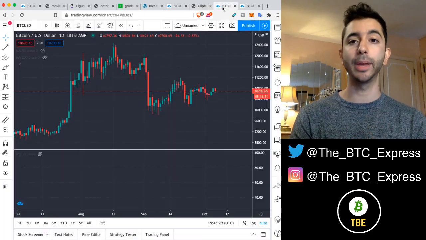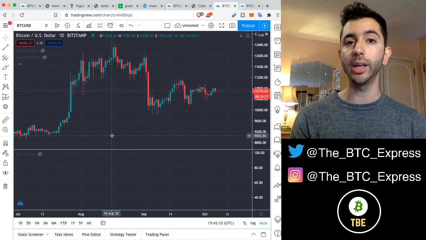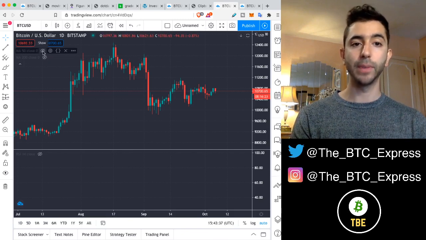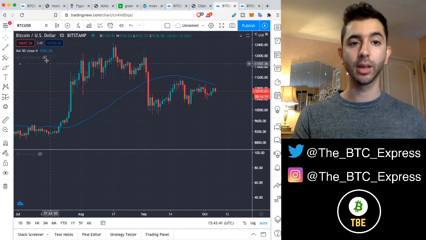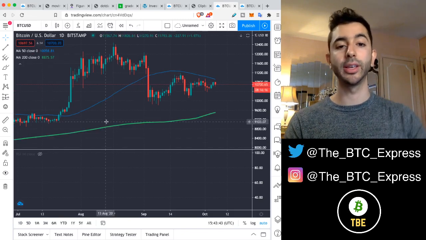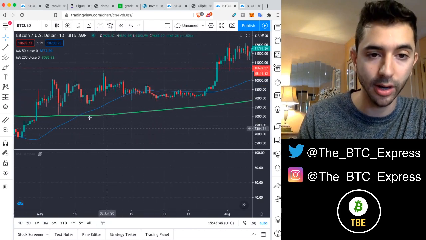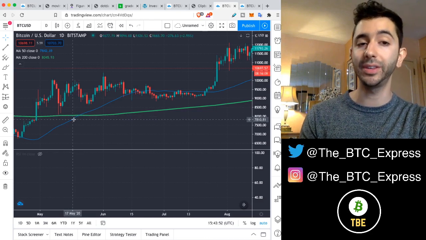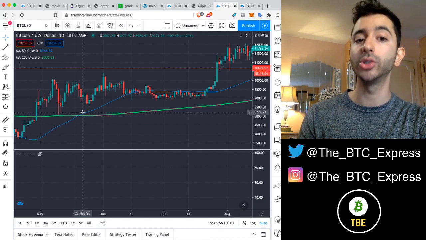So a golden cross is a buying opportunity, and a death cross is a selling opportunity. So let's take a look at Bitcoin. Typically, when they look for these crosses, they'll use a 50-day moving average versus a 200-day moving average. So with Bitcoin, we see the 50-day moving average right here in blue, and then the 200-day moving average right here in green. So as we scroll through its history, we can see over here on about May 20th, the short-term 50-day moving average crossed above the 200-day moving average.